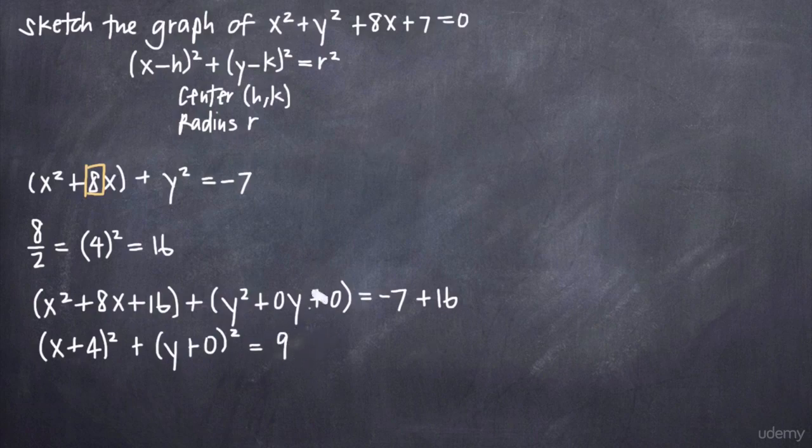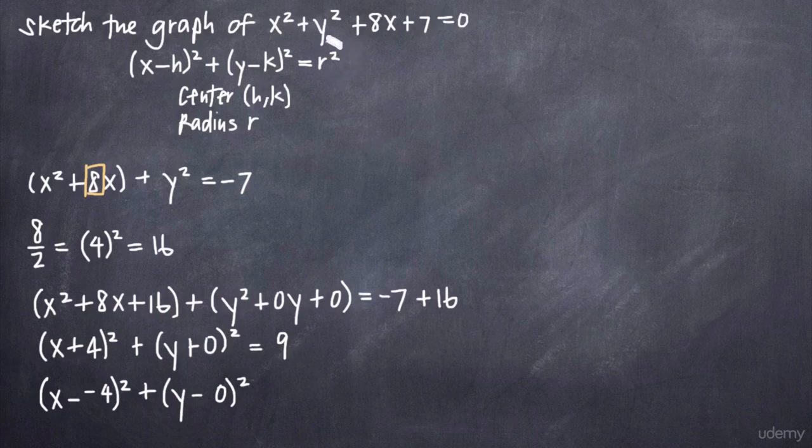Keep in mind that our standard form for the equation of the circle is in the form x minus h and y minus k. We have two positive signs here as opposed to negative signs in our standard form. So we could, if we chose to, get this in the exact same form, say x minus negative 4 squared plus y minus 0 squared.